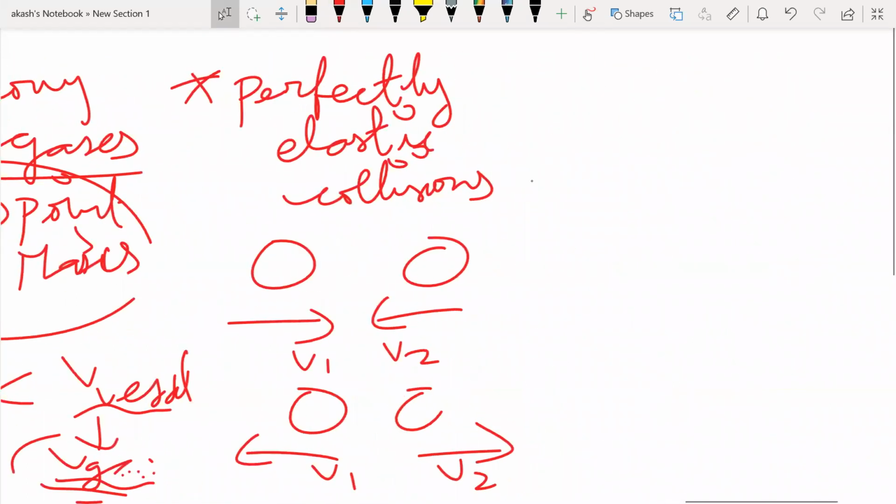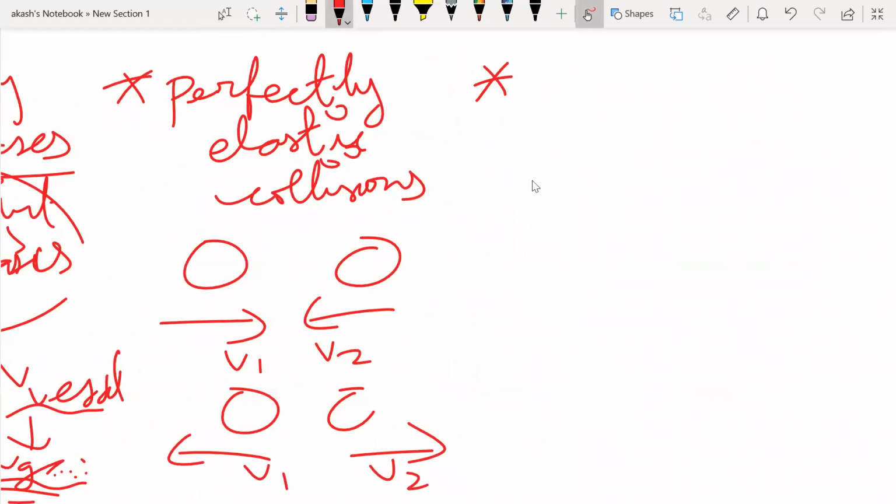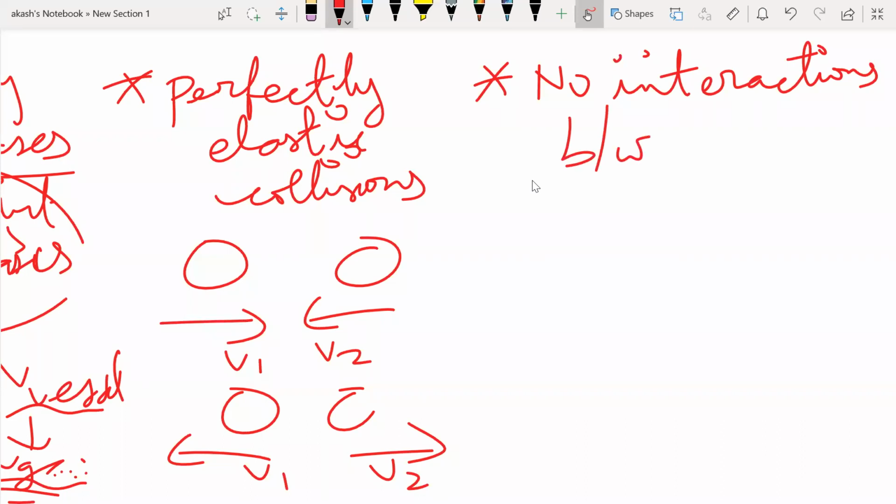Moving on. The third point is that there is literally no interaction between the gaseous molecules. No interaction means there is no attractive force, no repulsive force, nothing between the gaseous molecules.